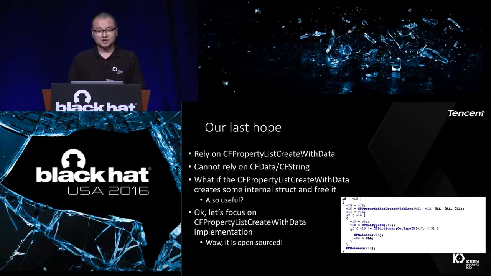So our last hope is the process itself of the deserialize. So you can try to audit this function, and maybe in this function there is some internal struct which is created and then freed immediately. For this kind of operation, it is also useful because we don't rely on persistent data, but just some temp data is okay.